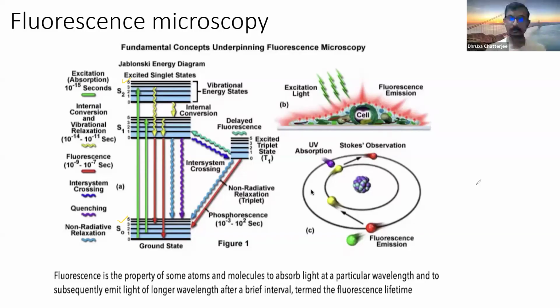Fluorescence microscopy has revolutionized cell biology because it allows us to see or observe specific compartments of the cells, or to be more precise, even molecule by molecule, at the single molecule level specifically.